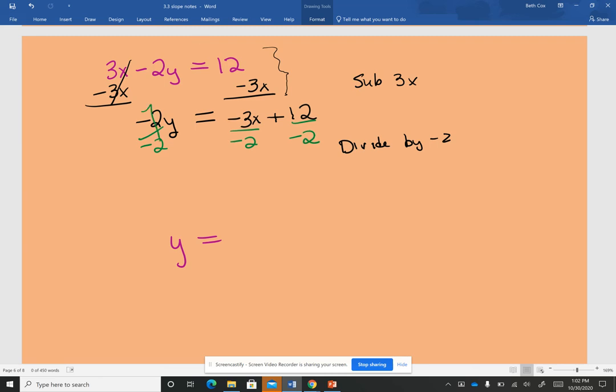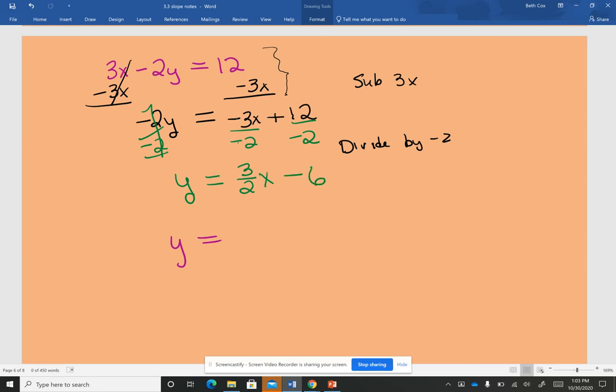So now that's a 1. So now I have 1y. Negative divided by negative is a positive, so that becomes 3 over 2x. And then the next one, 12 divided by negative 2, it's negative 6.